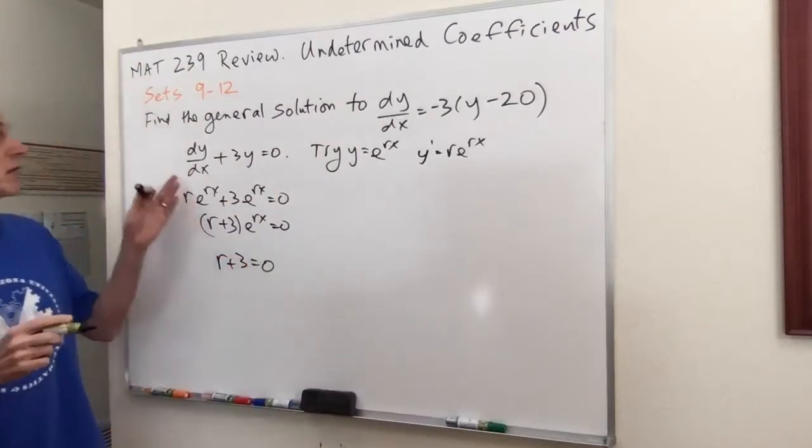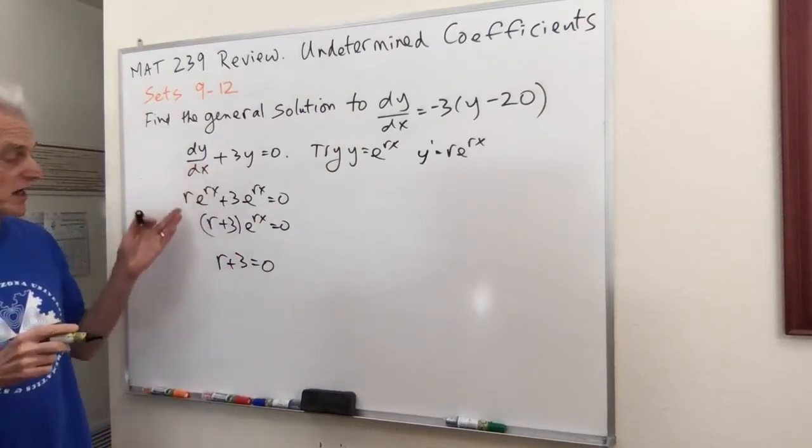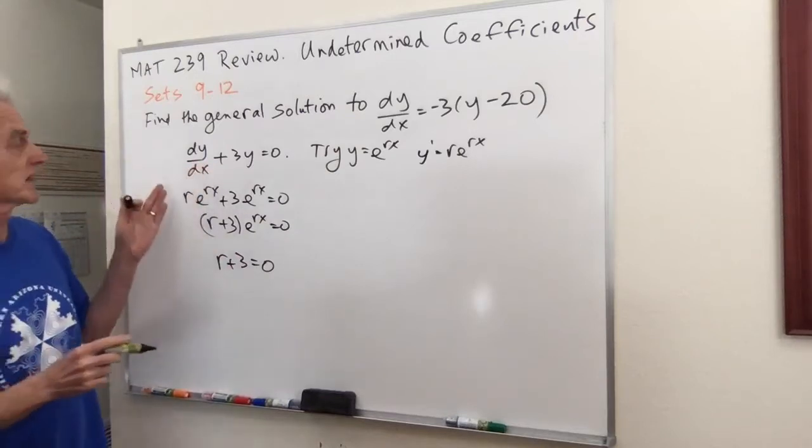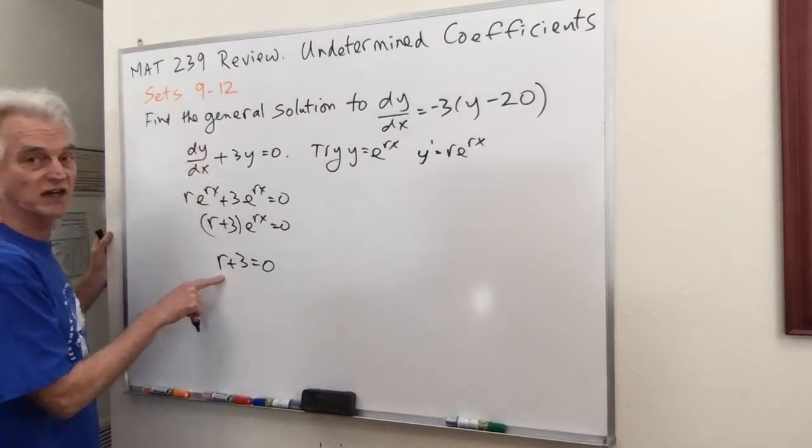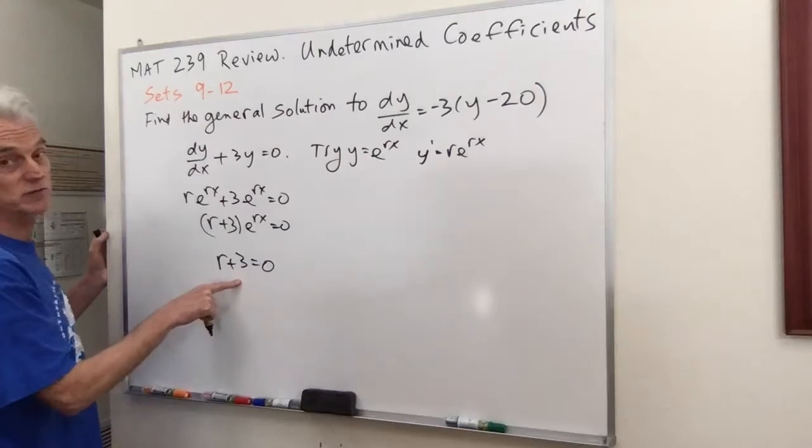So remember, we get the characteristic equation for an equation like this by every derivative giving you a factor of r. No derivatives, no factors of r.